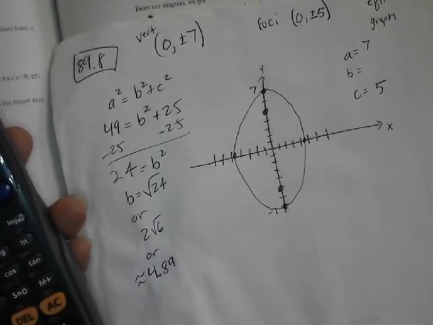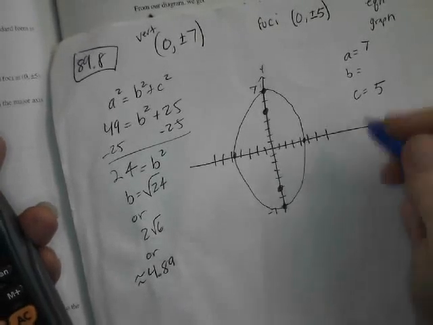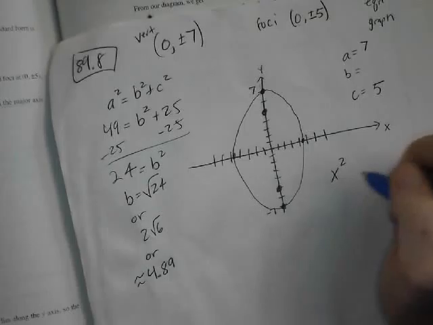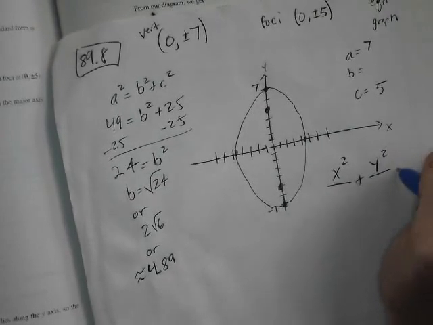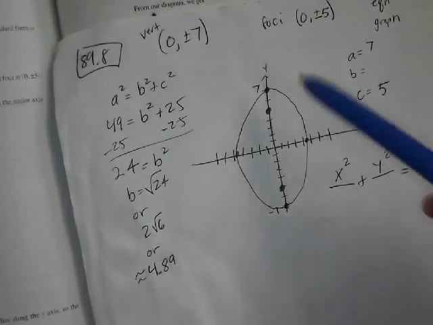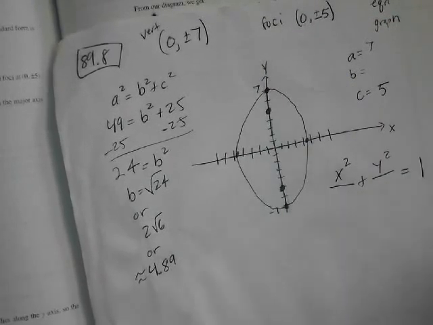So I've graphed it. I need the equation now. That's all I need now. So I know that my equation is going to go x squared over something squared plus y squared over something squared equals 1. So in this case, A, the bigger number, is going to be under the y.